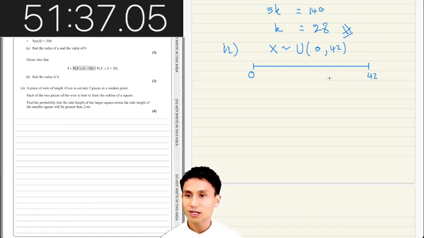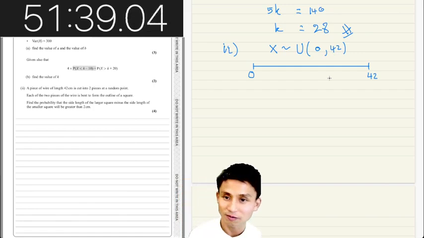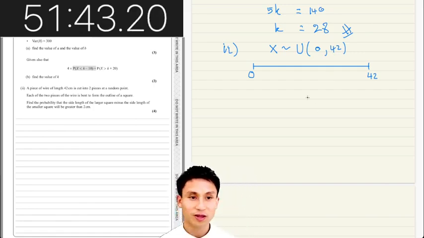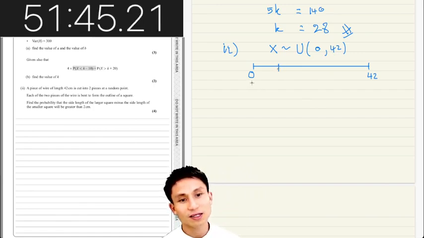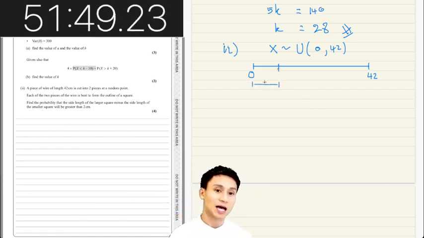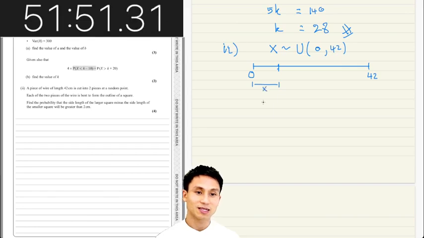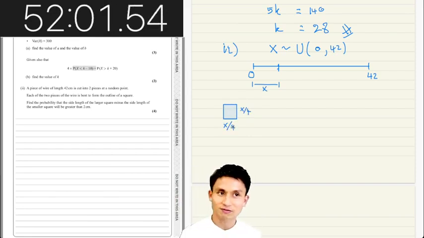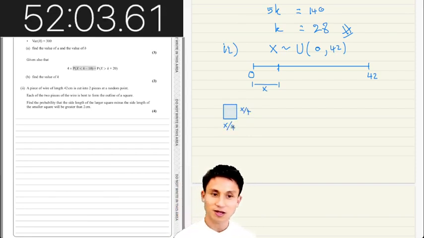Find the probability that the side length of the larger square minus the side length of the smaller square will be greater than 2. So if x is where we cut from 0, let's say that is x. The smaller square would be x divided by 4, because you need to bend that to a square. Let's say a perfect square.